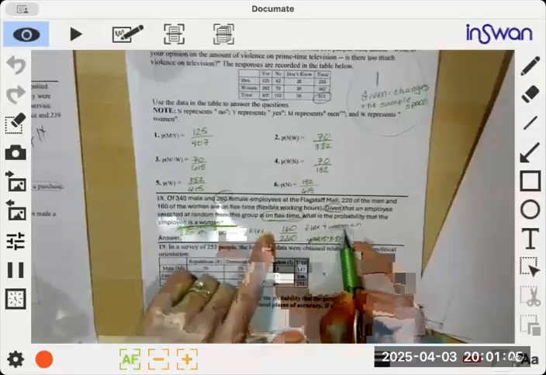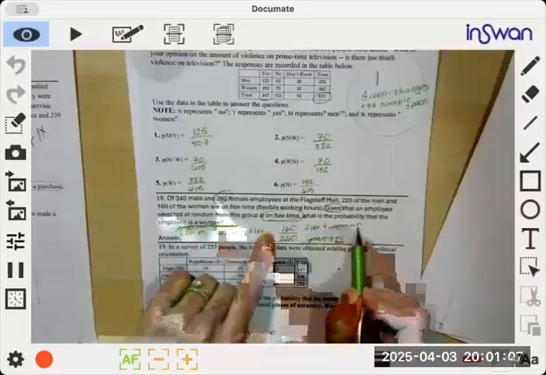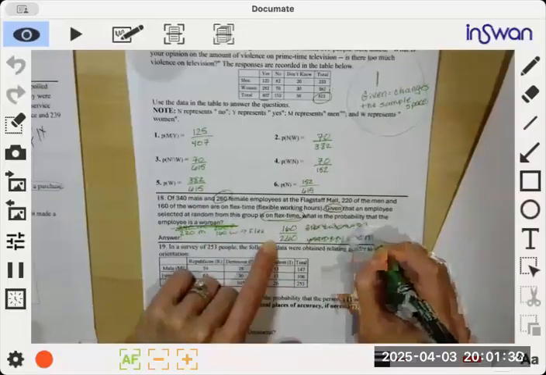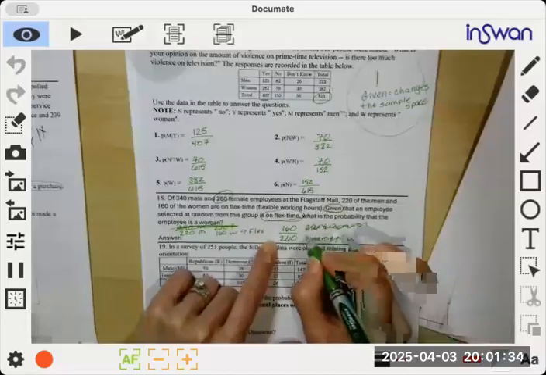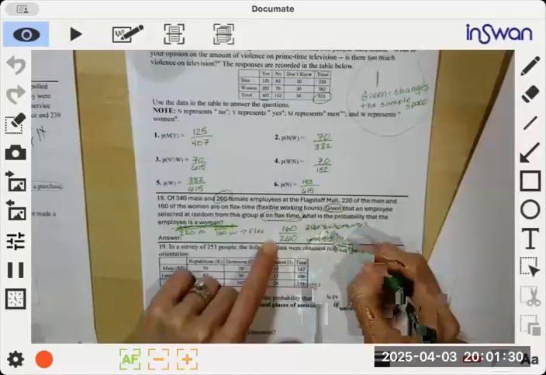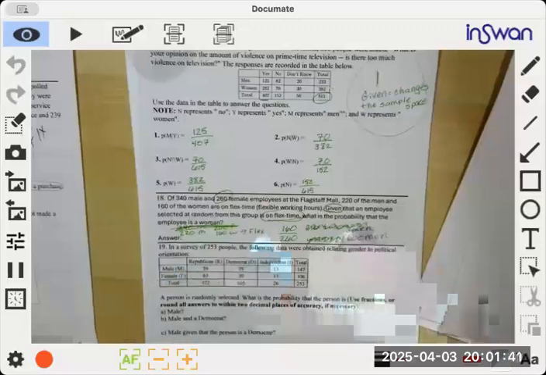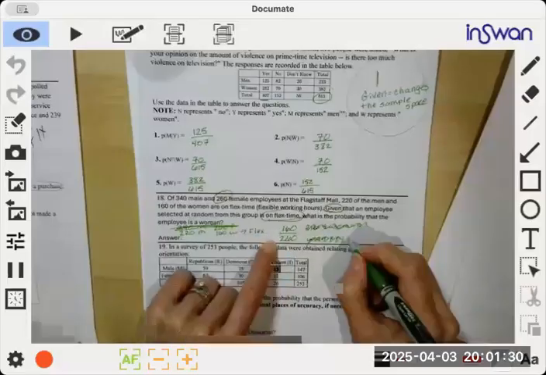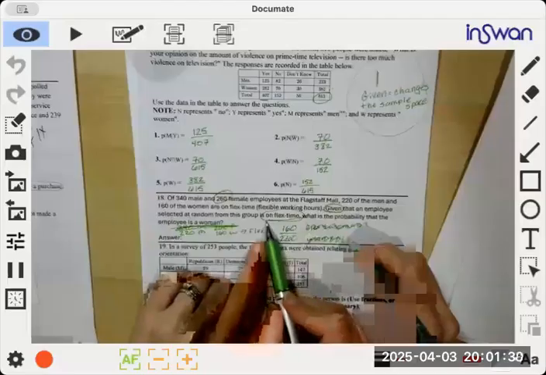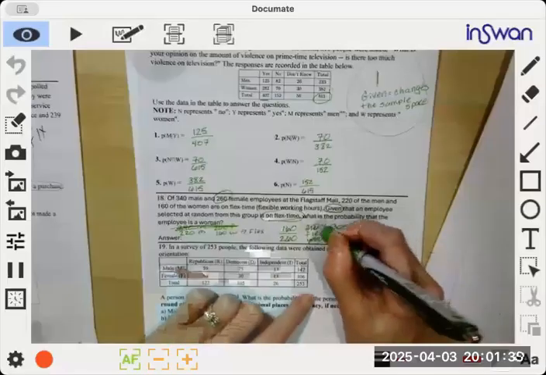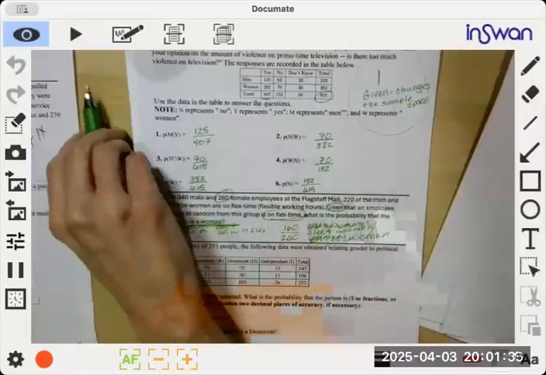Oh, I did have that written down right. Women on flex time, and then this is total women. I was second guessing myself. Flex and women. Wait a minute. 220 plus 160 is 380 on flex time. I'm so thinking woman right now. But that's not what it's asking, is it?